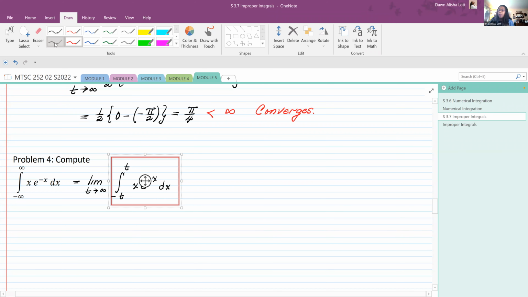All right, what technique from the past that we learned are we going to use to evaluate this integral? x e to the negative x dx. I think I've done this integral 1 or 2 times. By parts. Okay, integration by parts. Awesome.